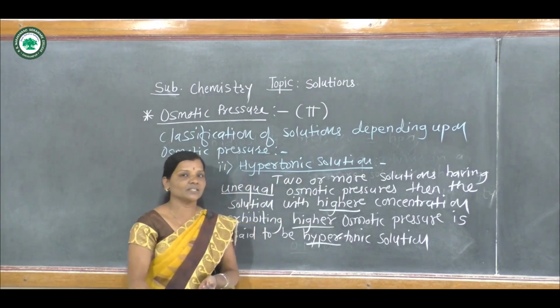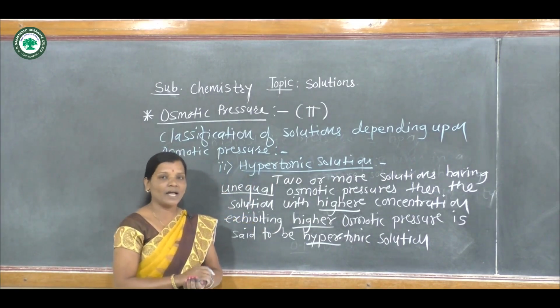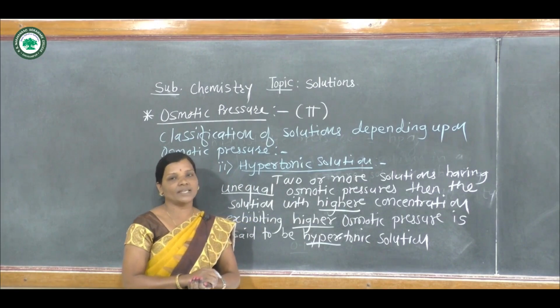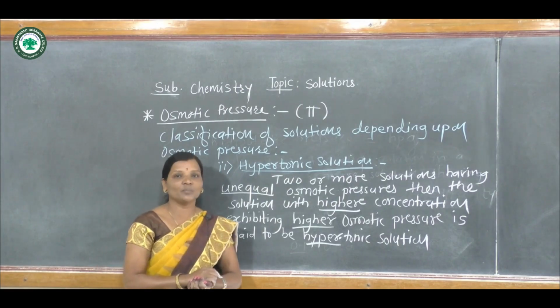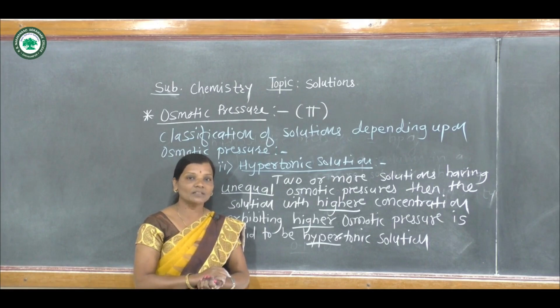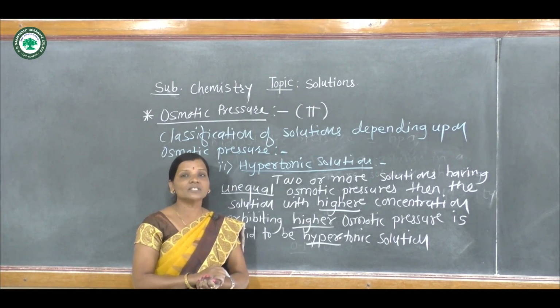That means if we consider two or more solutions and their concentrations are given, then the solution with higher concentration exhibits higher osmotic pressure, and that solution is said to be hypertonic with respect to the other solutions taken for the study.